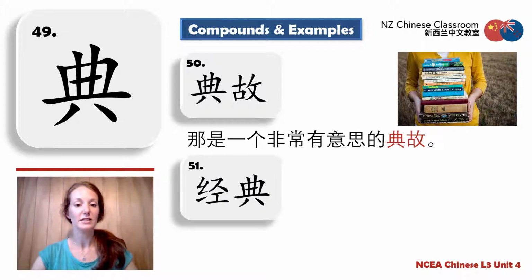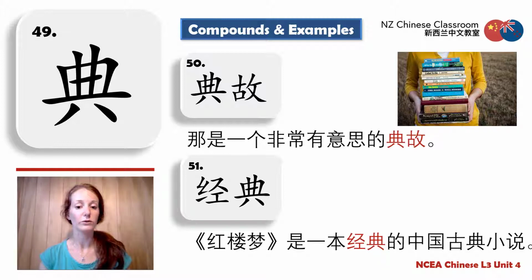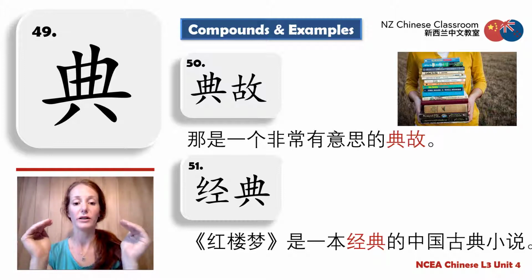Okay, 经典 is a classic or the classics, or it can be a noun or an adjective. So 红楼梦是一本经典的中国古典小说. It's a bit of a mouthful. So 红楼梦, as you can see the little punctuation there, that is Chinese punctuation for when you have a title of a book, just like you would put it in quotation marks in English in an essay.